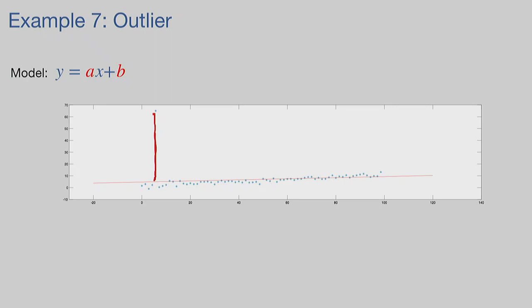Okay, so what can we do? You want to discard the outlier. How do we discard the outlier? Well, we can compute the error vector, right?